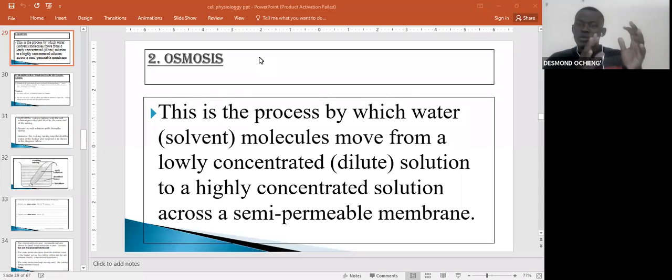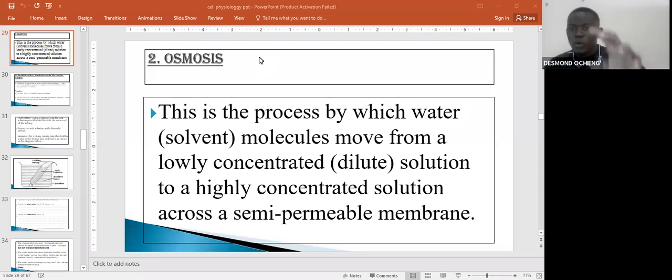So in diffusion, we saw that it is possible for particles of a given substance to move from a region where they are highly concentrated to a region where they're lowly concentrated. And remember, we said that diffusion only takes place in liquids and in gases.